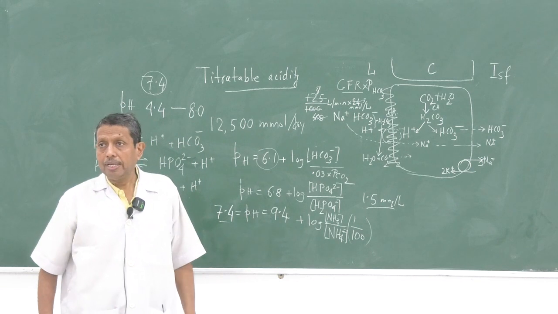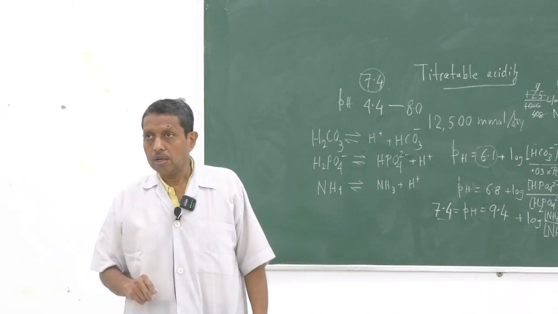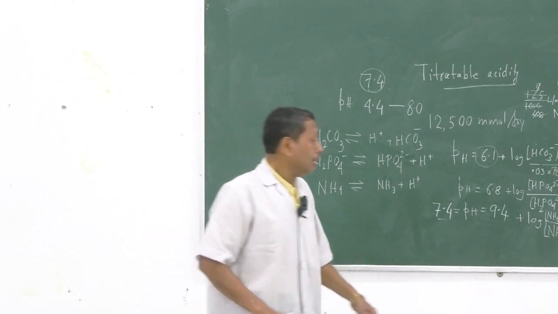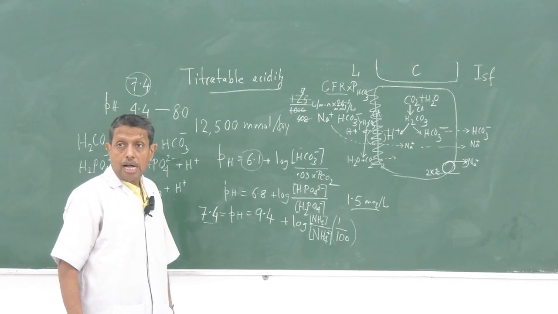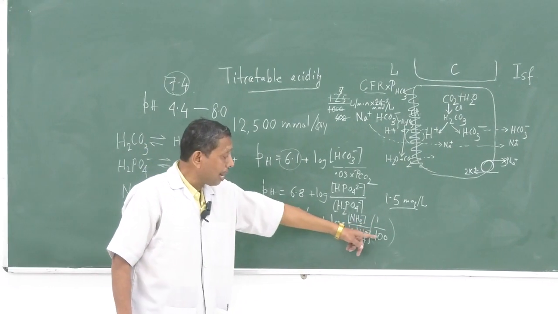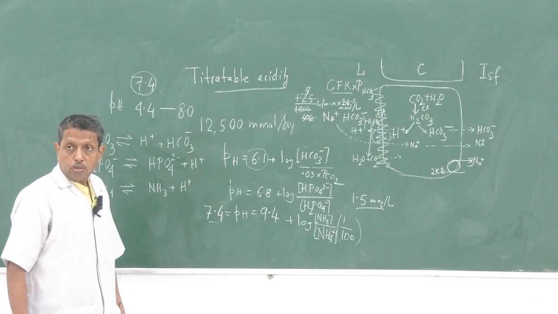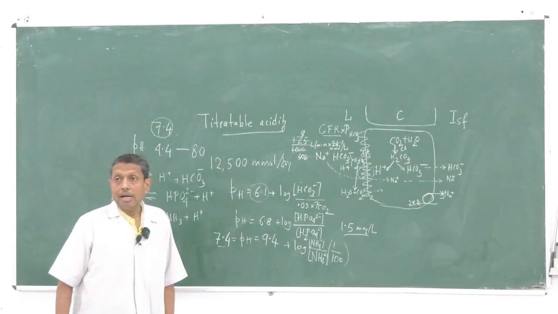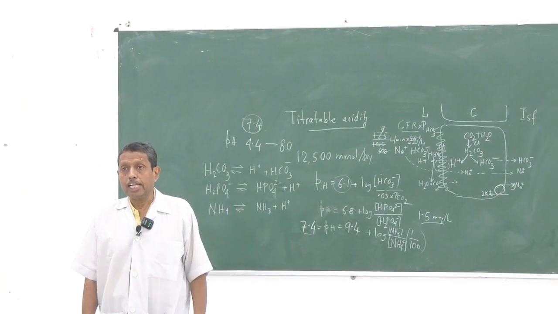So it is not leaving hydrogen ion to a great extent. In the case of phosphate, they are leaving this hydrogen ion, but in this case it is a 1/100 ratio up to 7.4. So most of it is in the ionic, protonated form, NH4 plus.